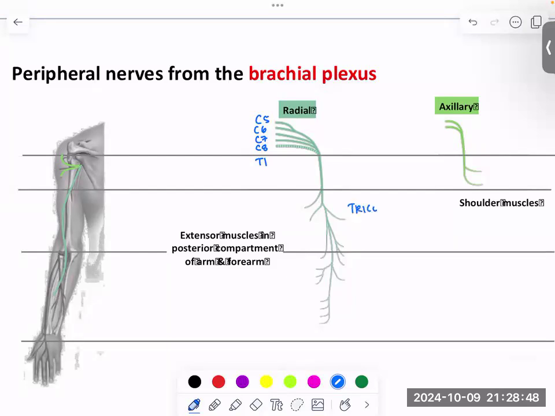Triceps brachii. And it extends the wrist and fingers, opening the fist. That is the radial nerve.